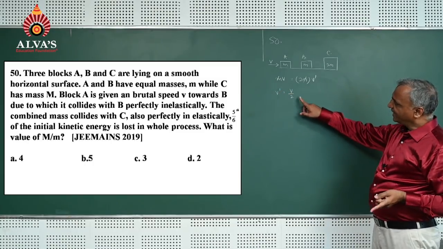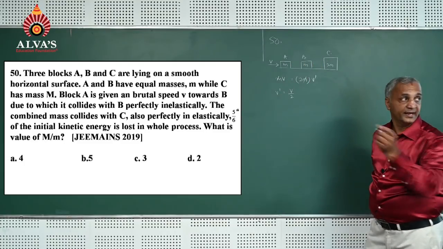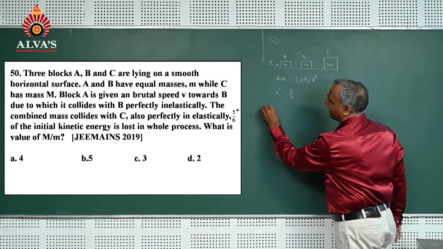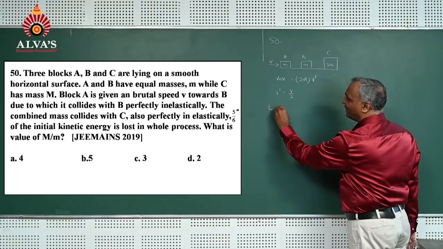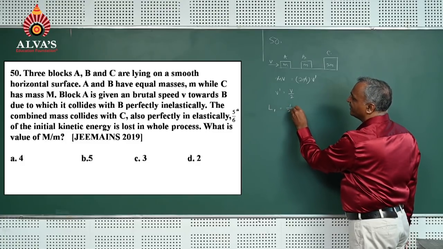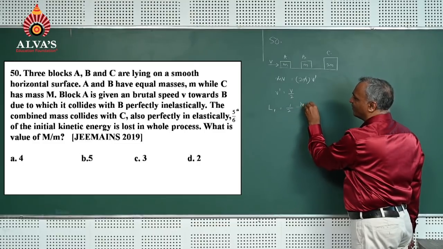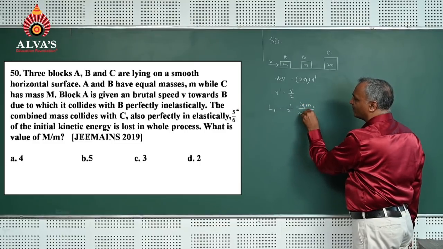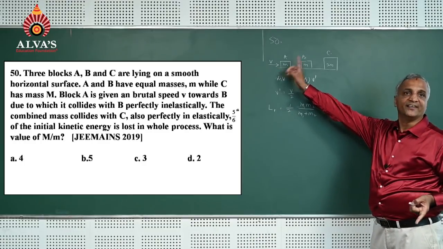Now let us find out what is the energy lost during this particular process. The energy loss, I'll write it as loss 1. This will be equal to half m1 m2 divided by m1 plus m2 into u1 square, or in this case it is v square.